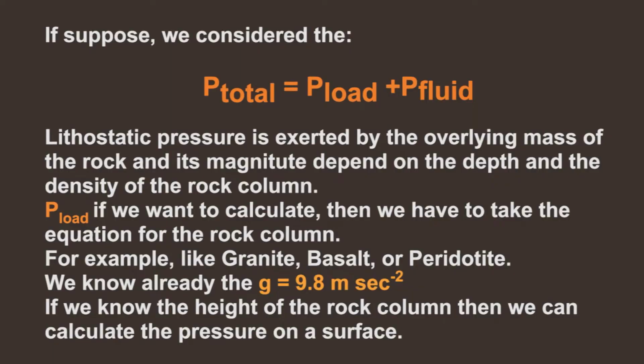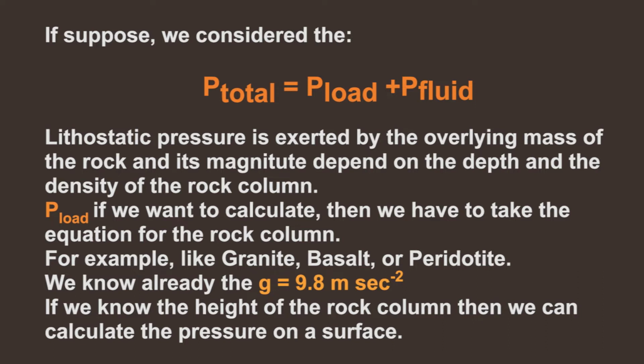Suppose we consider P total equal to P load plus P fluid. Lithostatic pressure is exerted by the overlying mass of the rock and the magnitude depends on the depth and the density of the rock column.